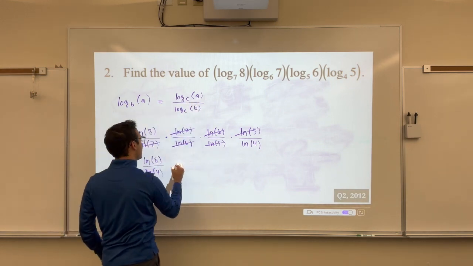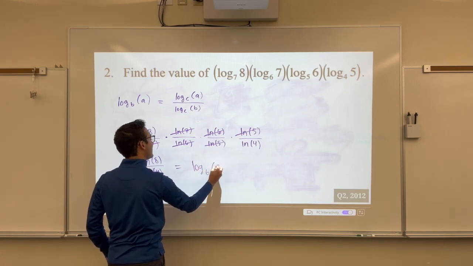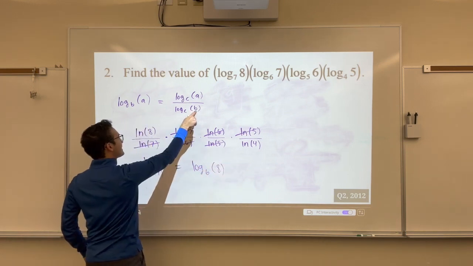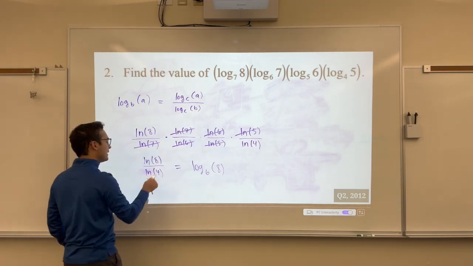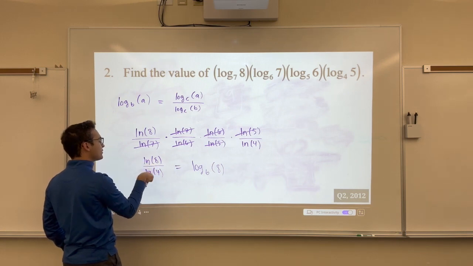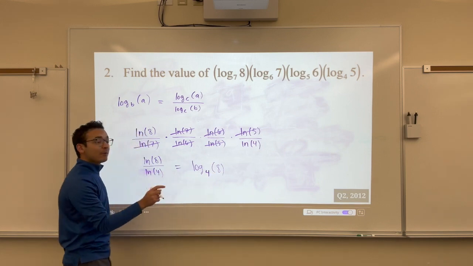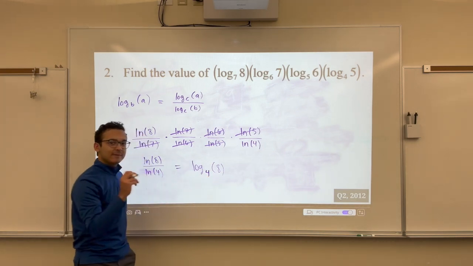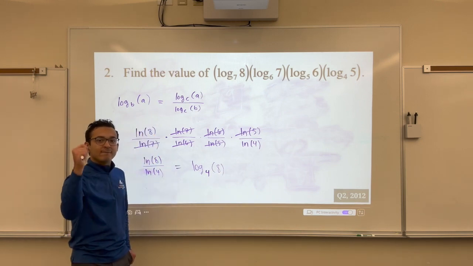So it's going to be the log base something of 8. And that base is going to be this input down here. So the base b is going to be 4. So we can rewrite the natural log of 8 over the natural log of 4 as the log base 4 of 8. Now this is something that we can evaluate. We need to rewrite 8 in terms of a power of 4.